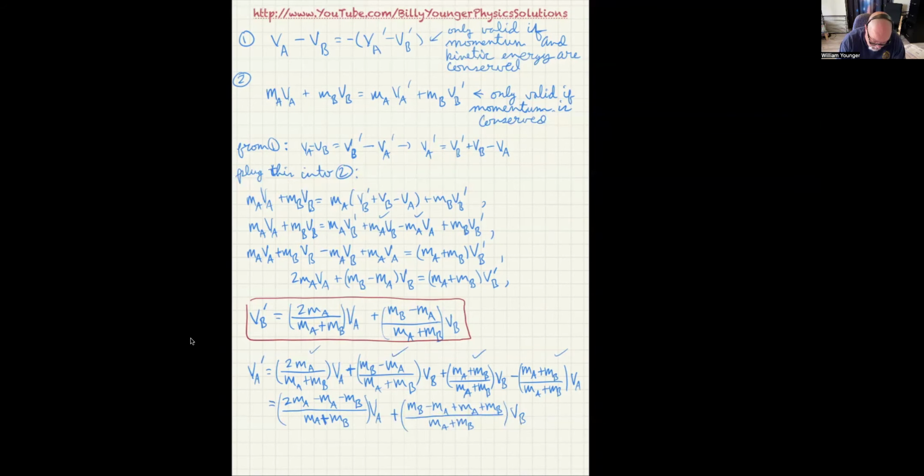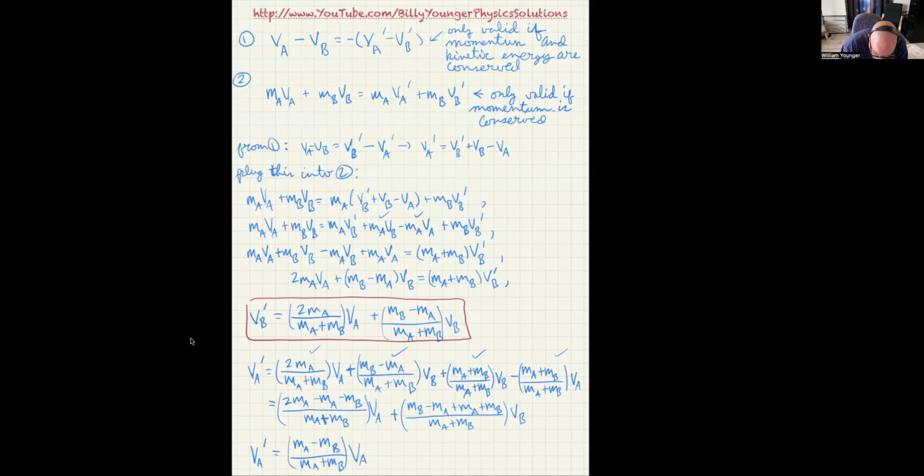So we've now done everything, and I'm finally in a position where I can go ahead and write the final answer. The final answer is VA prime is actually equal to, notice the 2MA minus MA just becomes MA, so it's MA minus MB over MA plus MB, and all that is times VA.